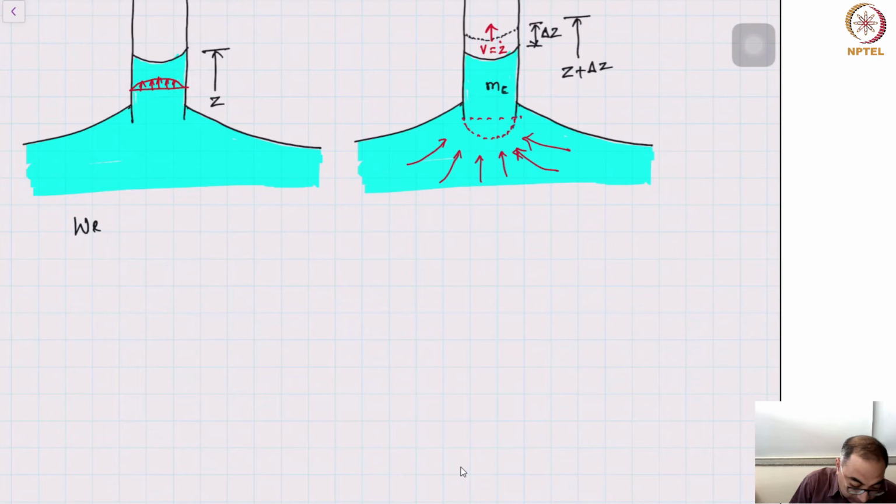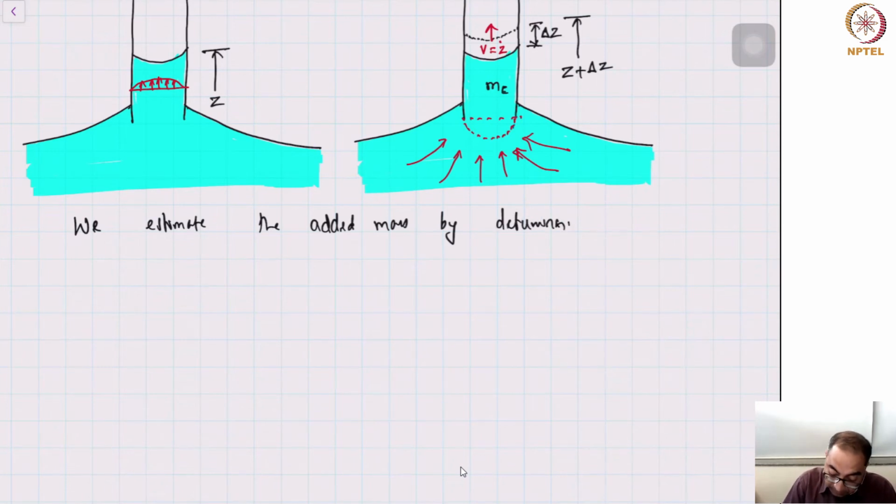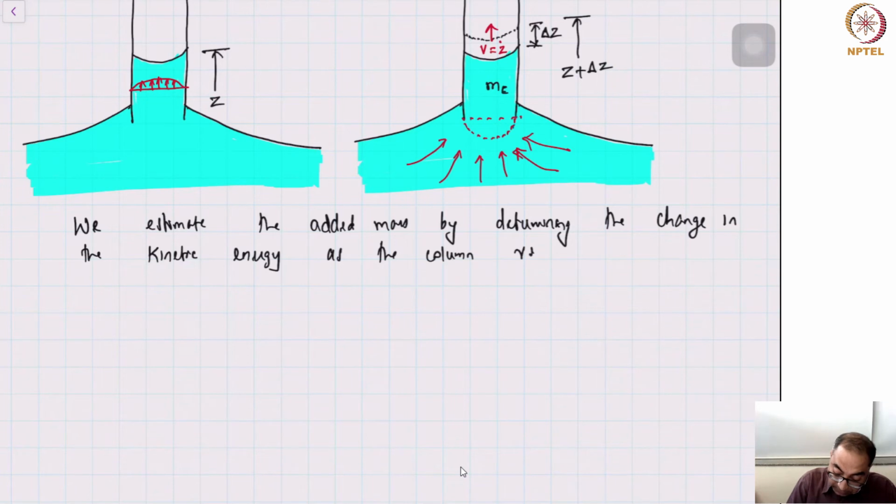Let me write that down. We estimate the added mass by determining the change in the kinetic energy as the column rises from z to z plus delta z.